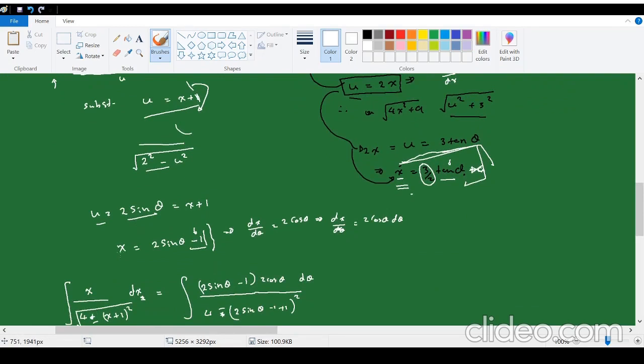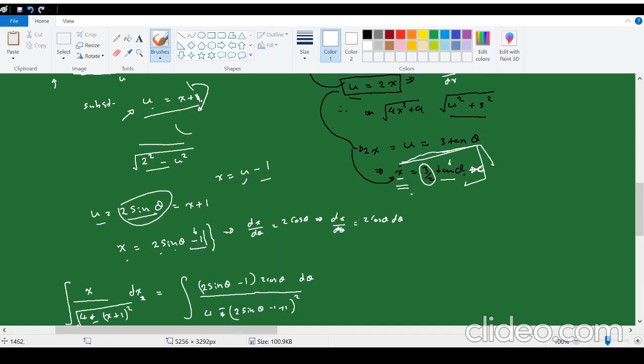Since this is the equation that we use, x will be equal to u minus 1, and u is equal to 2 sine theta. Therefore, x will be equal to 2 sine theta minus 1, right?